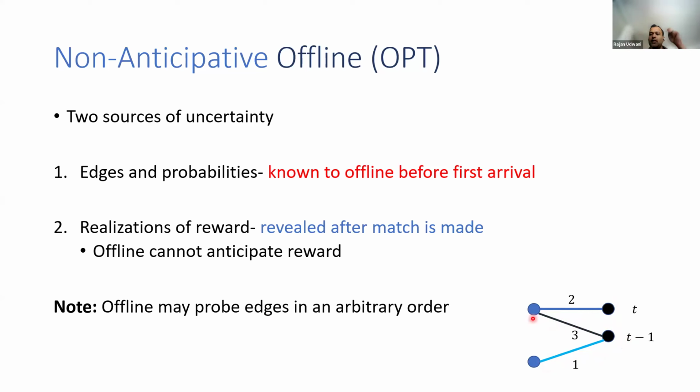So it can probe edges in arbitrary order, and it does not have to stick to one arrival and probe all its edges before jumping to the next one. So it can figure out an adaptive order to probe the different edges, but it is limited by the patience of these arrivals in terms of how many edges it can probe. Okay. Any questions about the setting of matching with patients?